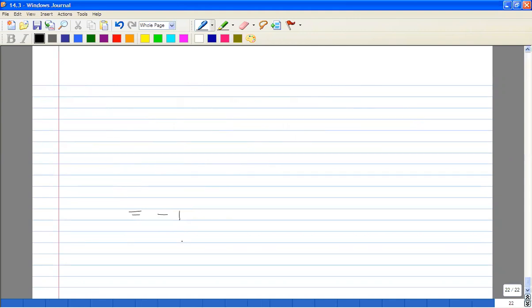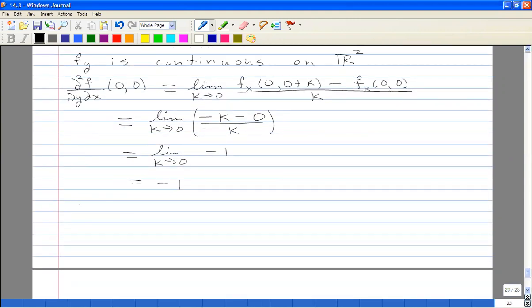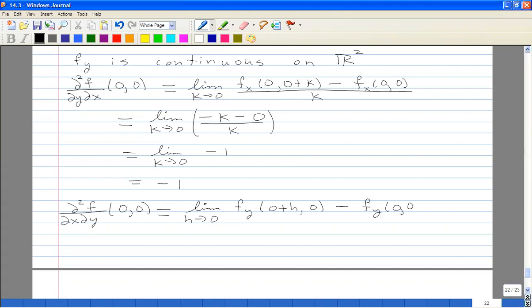Let's do the partial of f with respect to x, y at the origin. So this is the limit as h approaches 0 of the partial of f with respect to y at 0 plus h, 0 minus 0, 0, all divided by h.